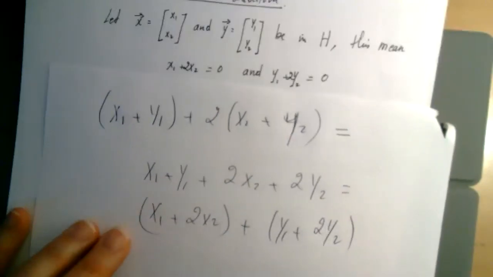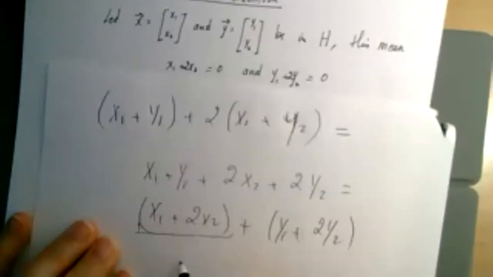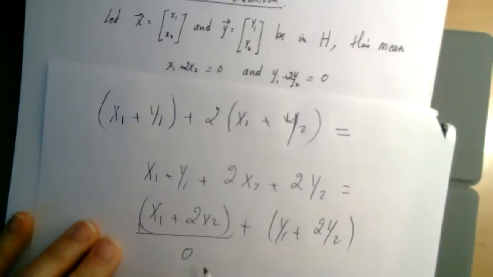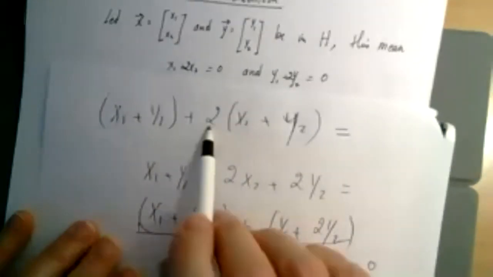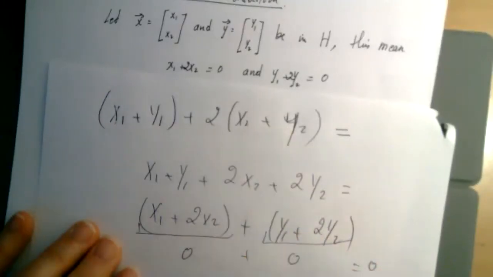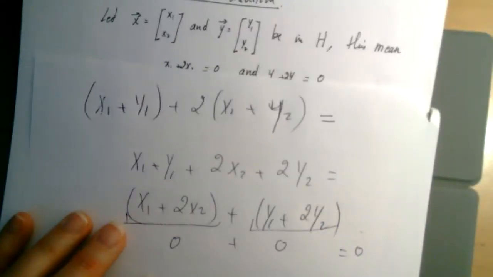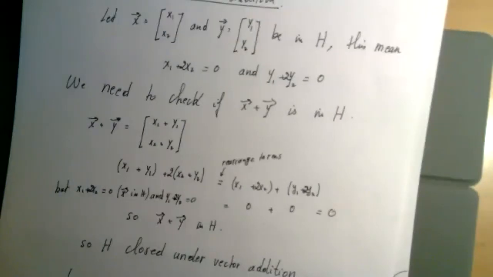By doing this, I know that this is 0 because my starting vector is in H, and this is 0. It means this is equal to 0. So the first component of my new vector plus 2 times the second component of my new vector is equal to 0. Therefore, my new vector is in H. So that's the algebra behind it.